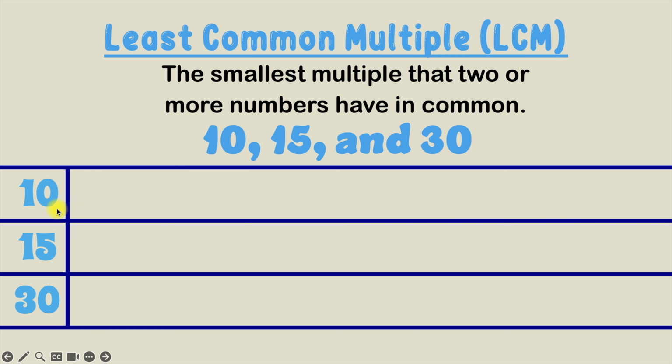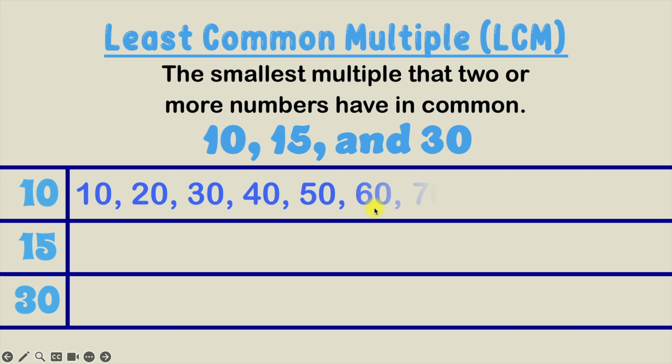And again, we're going to start with our smaller numbers and write the first 10 multiples or so of those values. So we'll start by writing the multiples of 10. 10, 20, 30, 40, 50, 60, 70, 80, 90, 100, and they go on and on and on forever.